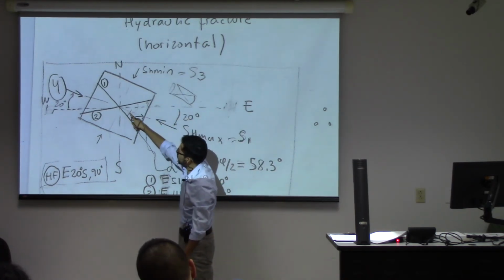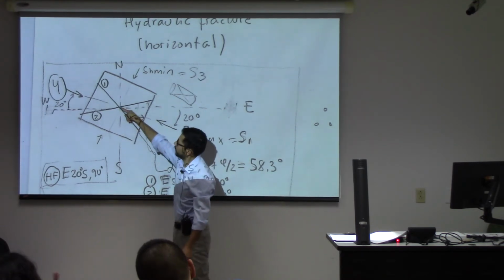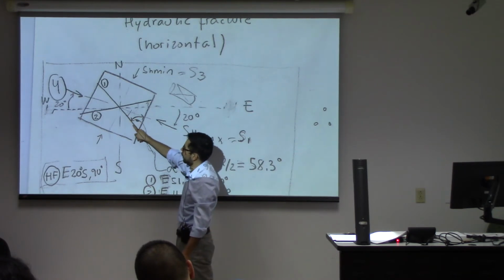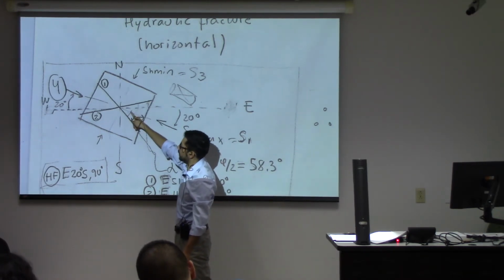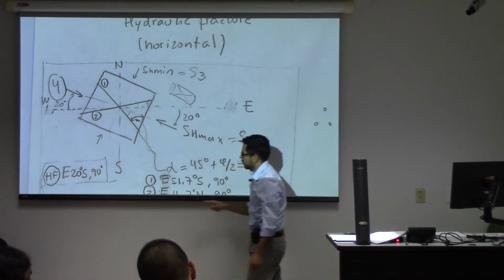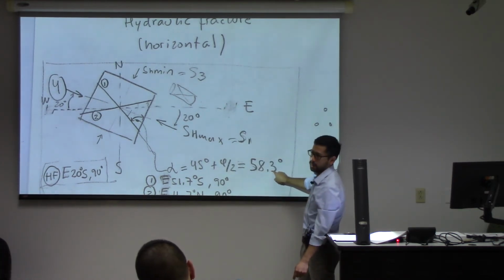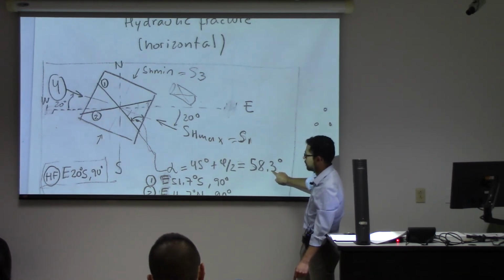And this angle here, in between that line that goes through the center and that line, is going to be the same as that one, is going to be 90 degrees minus this. And 90 degrees minus that, how much is that?